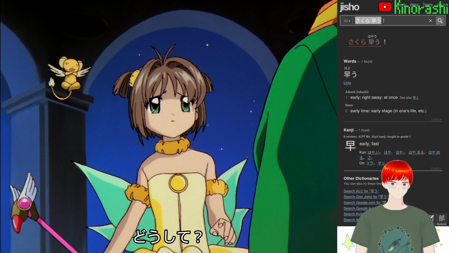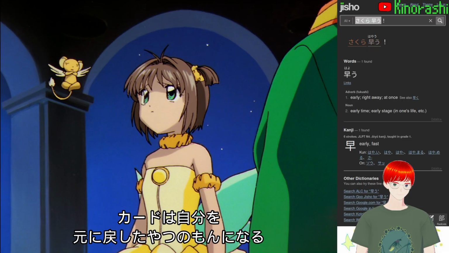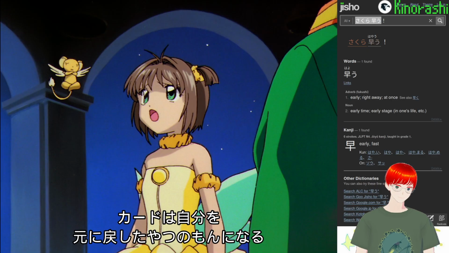どうして？カードは自分を元に戻したやつのもんになる。カードは自分を元に戻した。So, return to the original form.